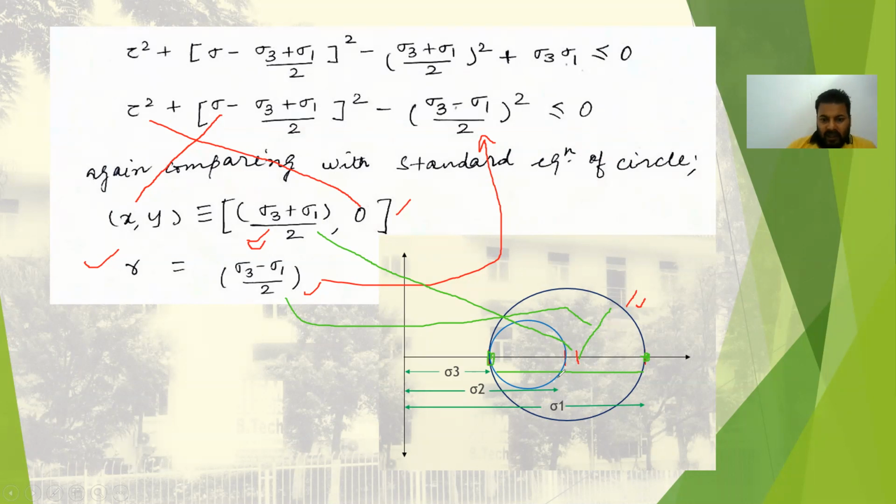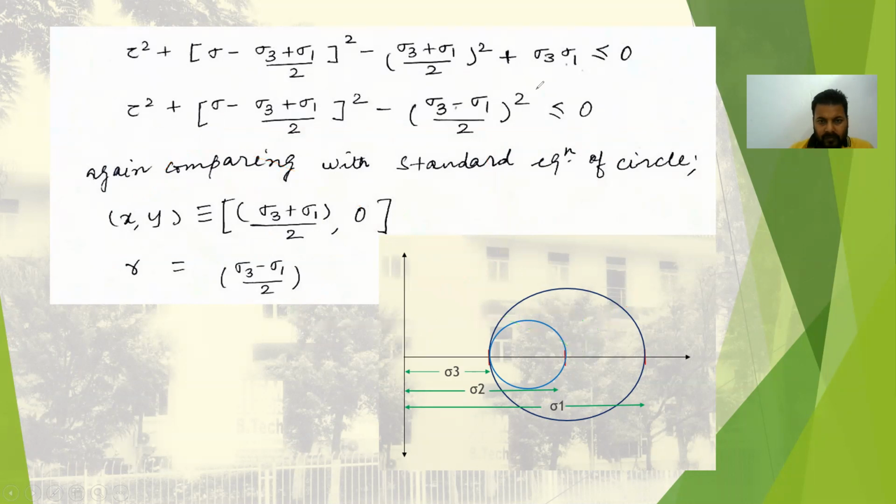And this blue circle is for the previous case for equation 5, and this circle is for case 6 for equation 5.